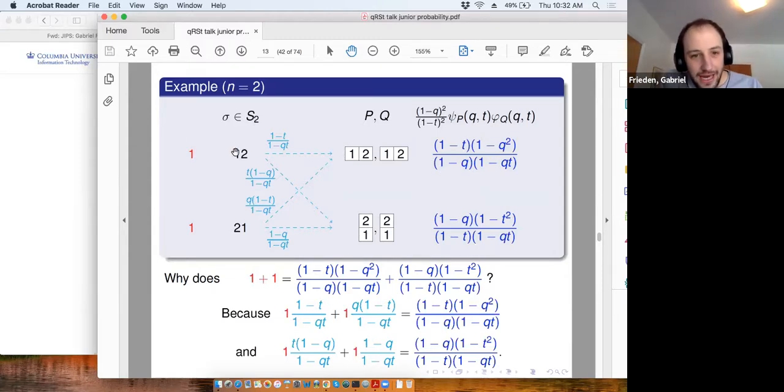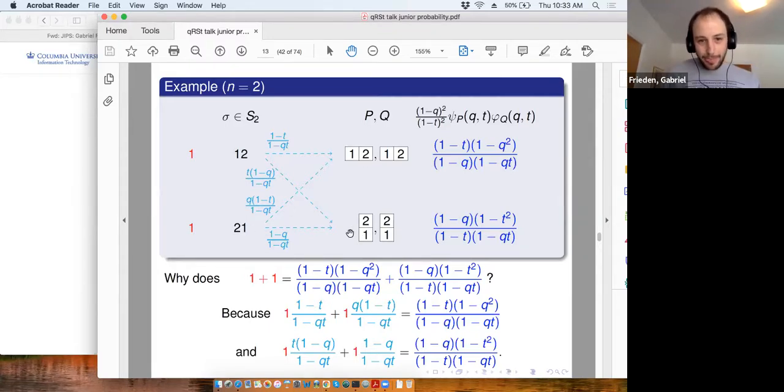I'm going to assign a probability, because it actually depends on q and t. I say that the probability that this permutation maps to this pair is 1 minus t over 1 minus qt, and the probability that it maps to this pair is just 1 minus that. So you can check that this plus this equals 1. And similarly, I define probabilities that this permutation goes to those two pairs.